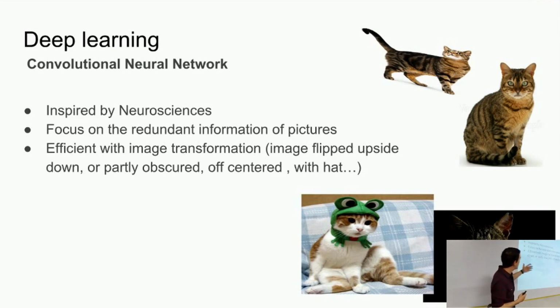For instance, if you try to detect a cat who has a heart on his face, the convolutional neural network will probably still detect the cat, even though it's not a common cat. It's something a bit special.